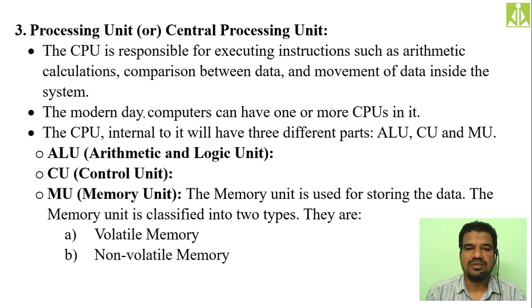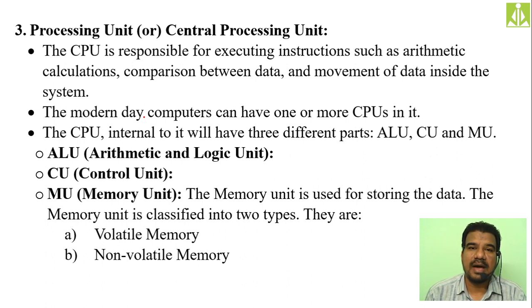This central processing unit will do the processing of instructions such as arithmetic calculations, comparison between the data, and movement of data. Arithmetic calculations in the sense, whenever you have addition, multiplication, subtraction kind of calculations in your program or in your data, your CPU will perform them.